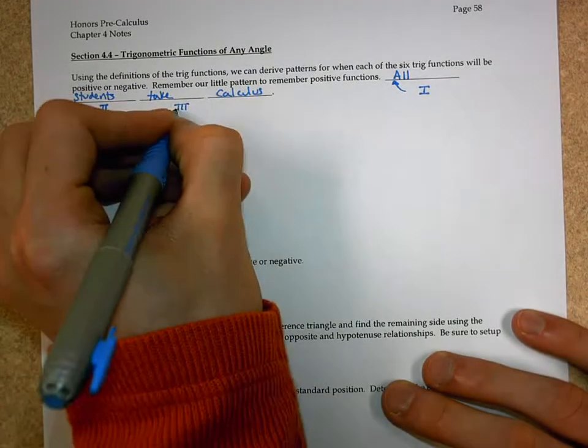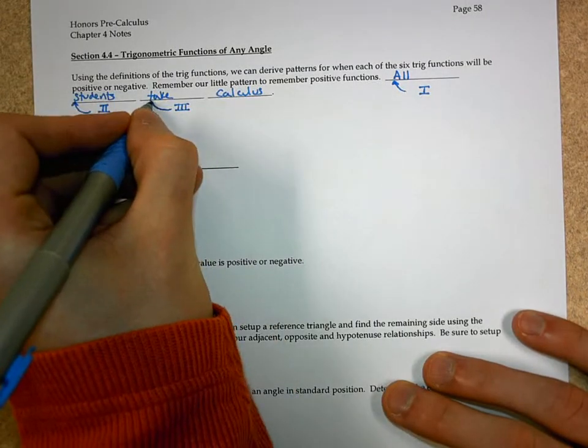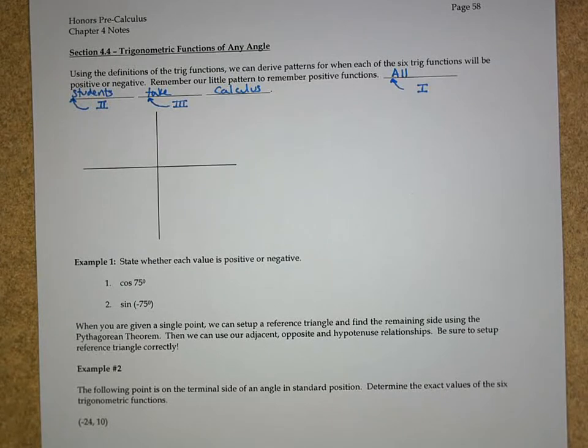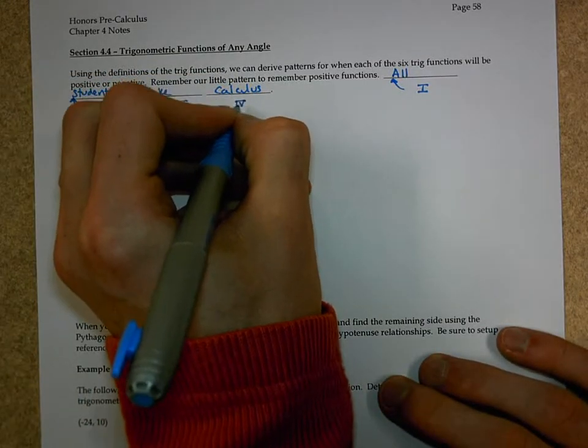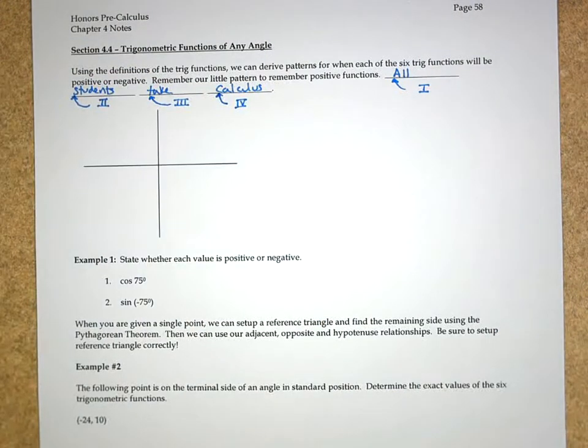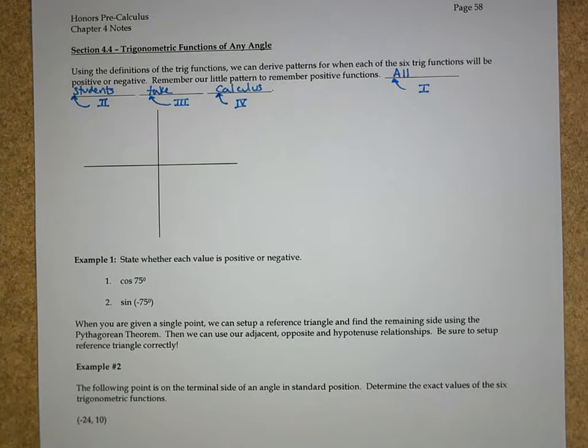The third word indicates the third quadrant, and the first letter is T, which indicates that tangent is going to be positive in the third quadrant. And then finally, the fourth word is tied to the fourth quadrant, and it starts with C, which means cosine is going to be positive in the fourth quadrant.